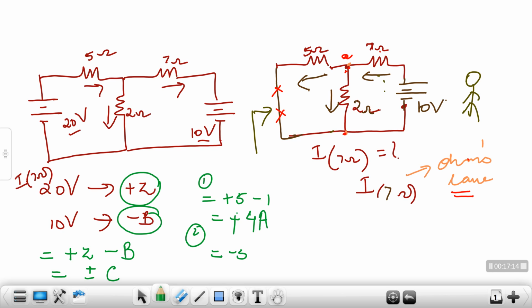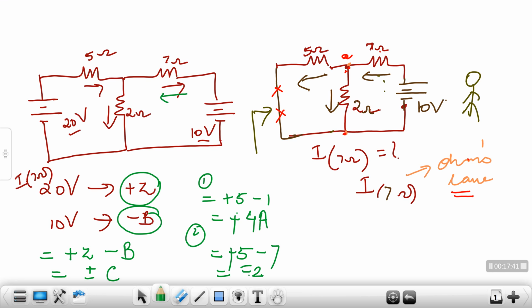The second case can be, okay, this is case 1, case 2. Z can be plus 5, and B can be 7, greater. So the resultant would be minus 2. In this case it means that the current flowing in the 7 ohm resistor is 2, but since the sign is minus, whatever you have assumed over here is not right and the direction has to be changed.